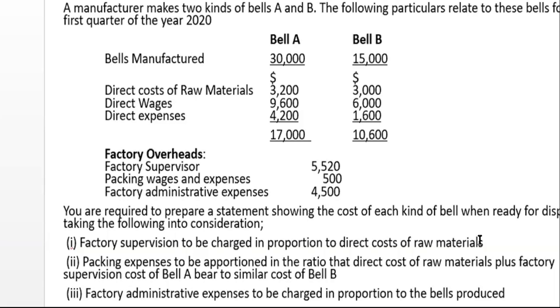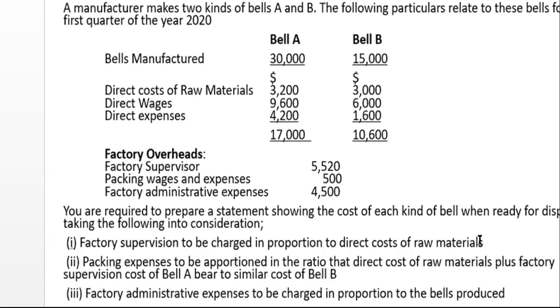So the total of 3,200 and 3,000 is 6,200. To apportion the factory supervisor's cost, you take 3,200 over 6,200 times 5,520.